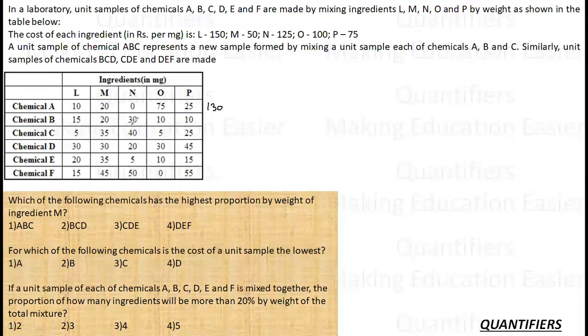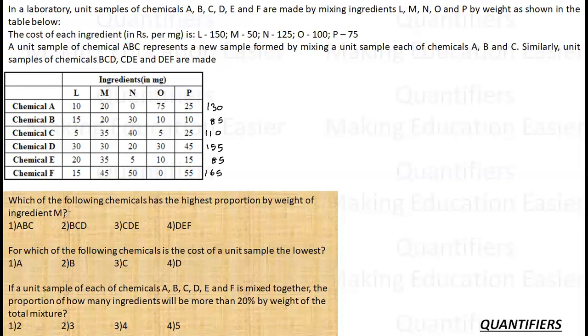Okay. 35, 65, 75, 85. 40, 80 and 30, 110. 30, 60, 80, 110, 155. 55, 60, 70, 85. 60, 110, 165. So these are the totals.